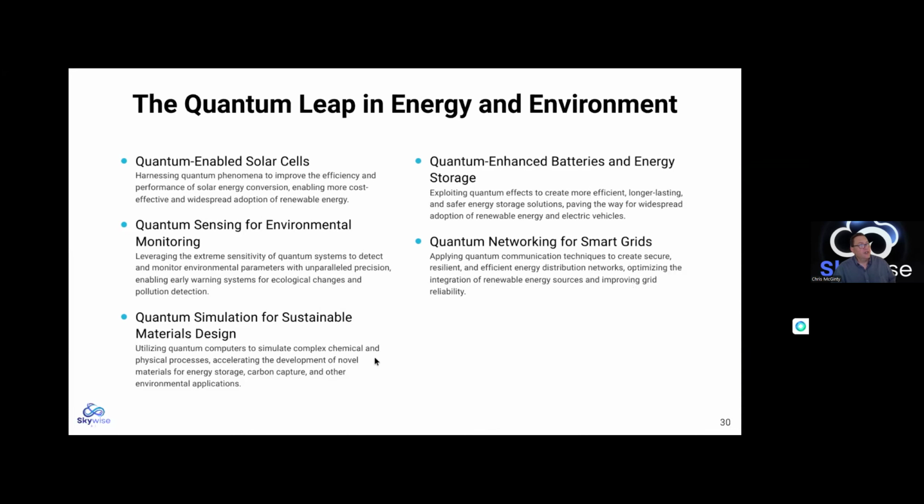This is the key here, though. Or one of the keys is the sustainable materials. With the ability, as I talked about, to find the perturbations in the gravitational field, and with the precision that it has at finding the different electrical and thermal properties within the atoms, we can change some of the properties by changing the magnetic properties just slightly.